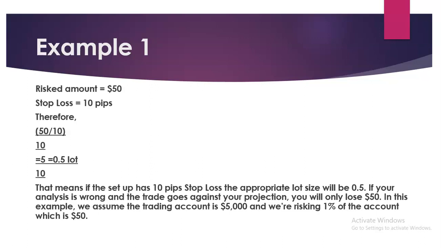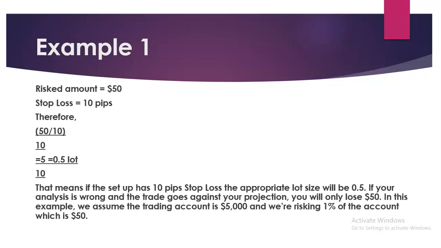The stop loss is 10 pips. That's our example 1. Therefore, 50 divided by 10, and whatever you get there, you divide that again by 10. So you're going to get 0.5 lot. It means that for a trade that has a 10 pip stop loss, and this person is risking only $50, he is going to be using 0.5 lot.